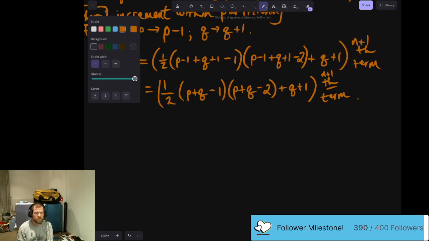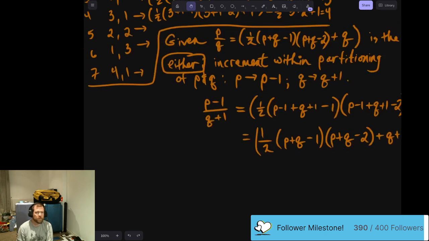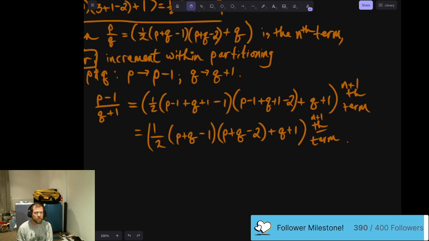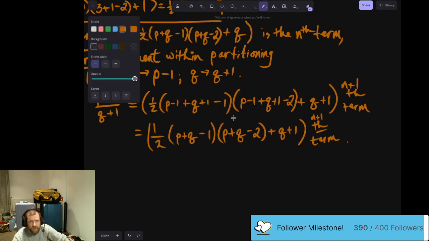The only difference between the two, right? So these are in accord with the one up above. The only difference between the original up here and our n plus 1 here is that we have a Q plus 1.